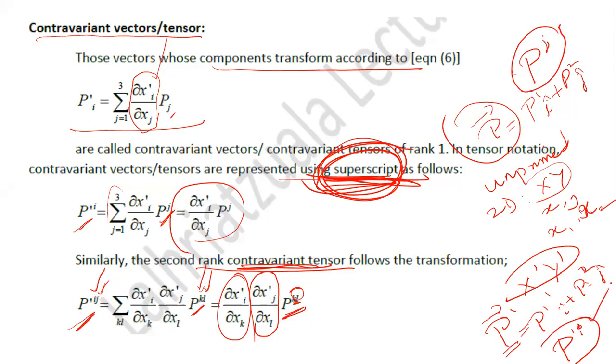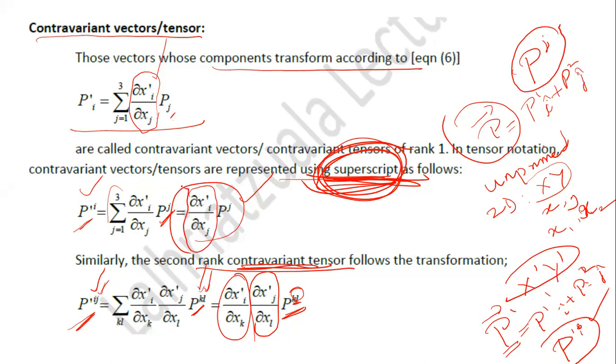So we write down the transformation relation between the components of that physical quantity in one coordinate system and the other.